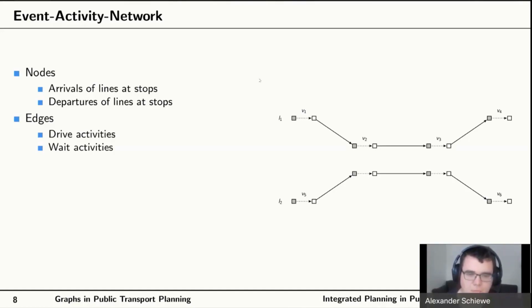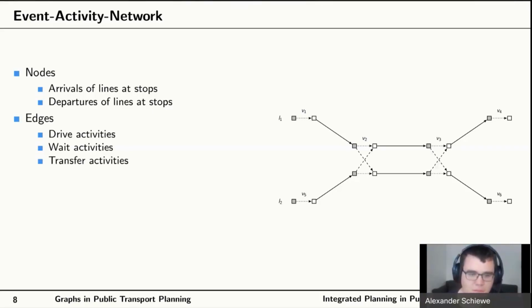So we now have activities or edges inside of a stop, which just means that the vehicle is standing there, maybe called dwelling, waiting, depending on your context and your terminology. And allowing us to do stuff like Markus showed us, where we have a wait time at a station and we want to model this.